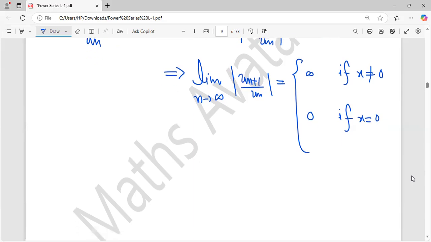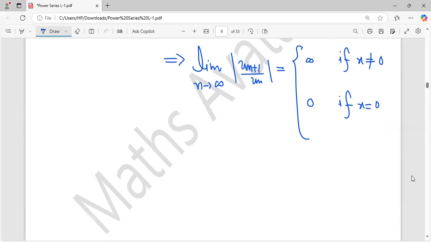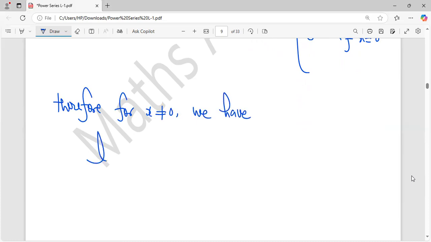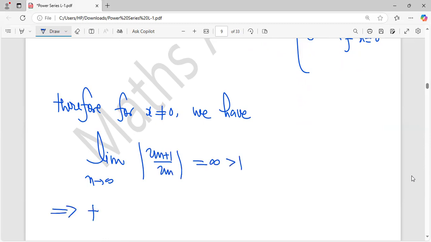Therefore, for x not equal to 0, we have the limit that is infinity, that is greater than 1. This implies the series diverges. Okay.